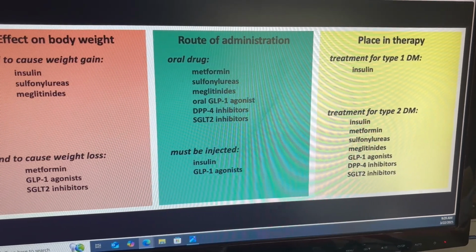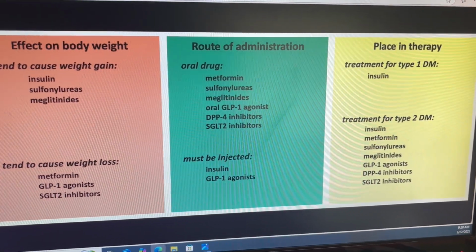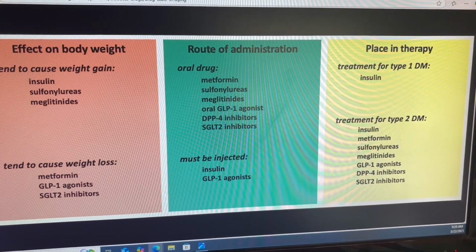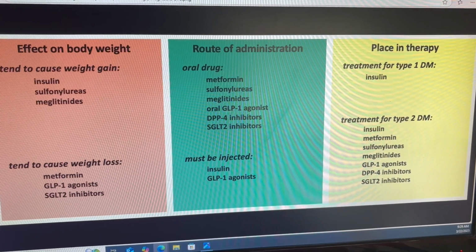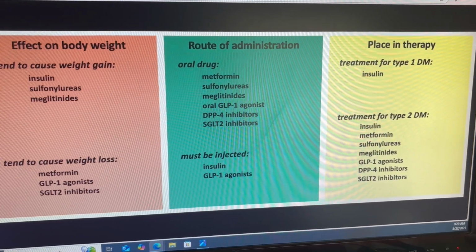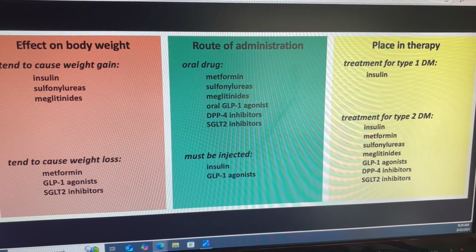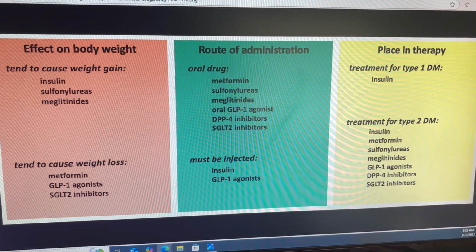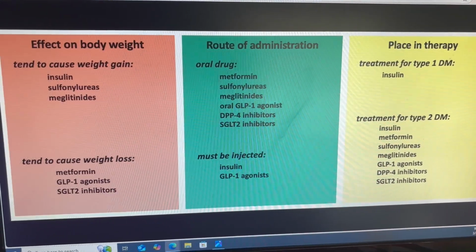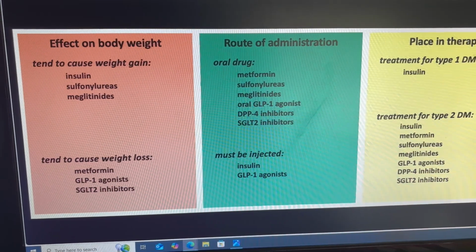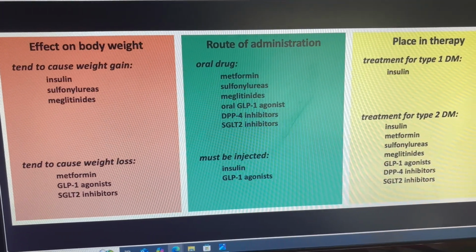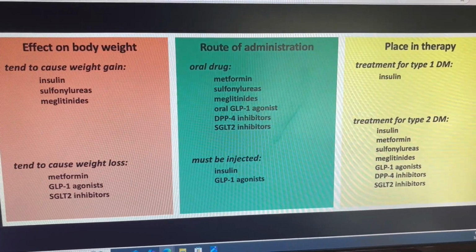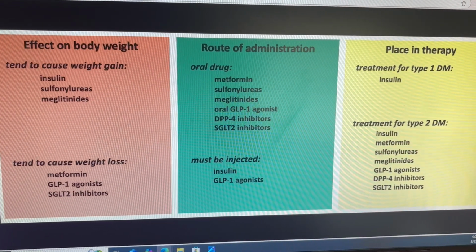Treatment for type 1 diabetes is usually insulin. The treatment for type 2 diabetes is insulin, metformin, sulfonylureas, meglitinides, GLP-1, DPP-4, and SGLT2 inhibitors. And this wraps up our assessment for our diabetic patient.